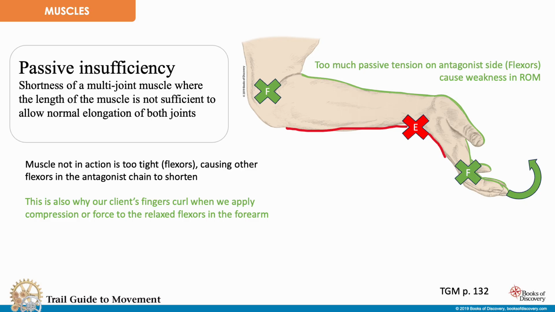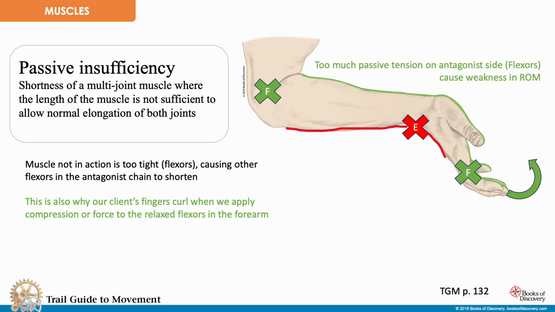But because they cross the elbow, the wrist, and the fingers, they eventually run out of slack. They reach their maximum excursion and simply cannot stretch any further. This tether effect stops the movement, which we call weakness in ROM, or range of motion.